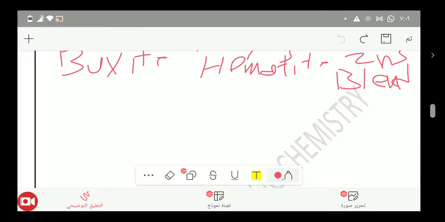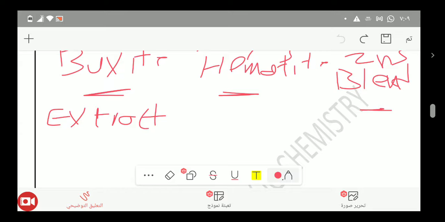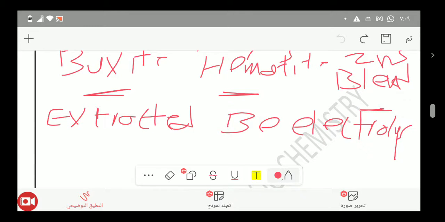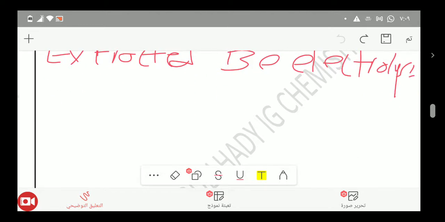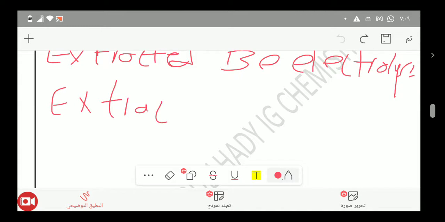So when we talk about extraction of those metals, aluminum, zinc or iron, we have to remember two processes. Many elements are extracted by electrolysis, and other metals are extracted by reduction with carbon.